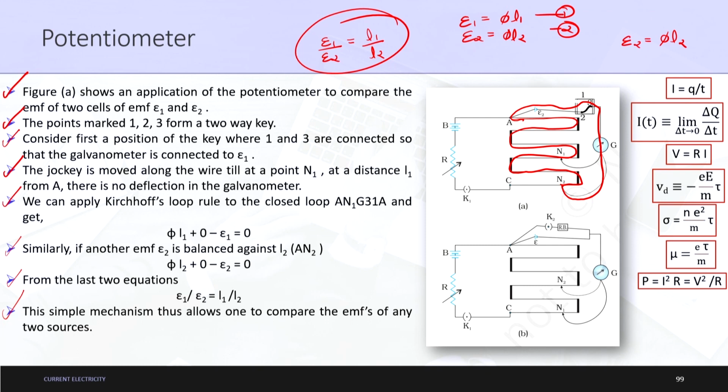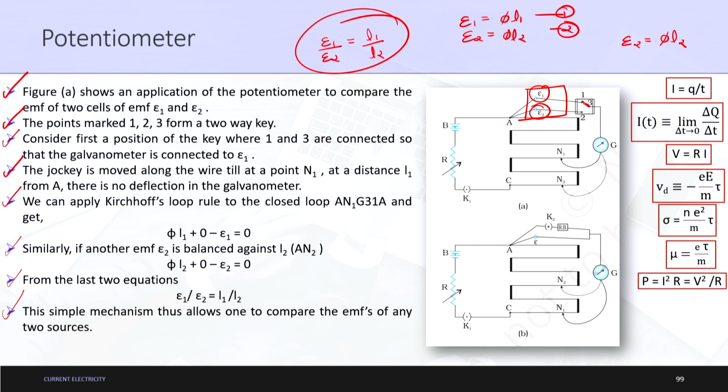Let us suppose these are in some black box. You cannot select each of these epsilons and find out its value, but you can find the ratio.